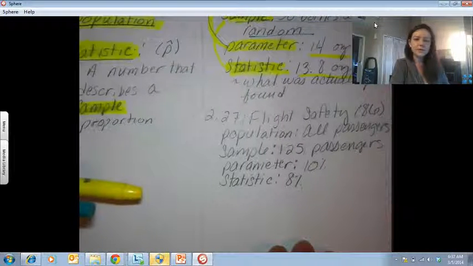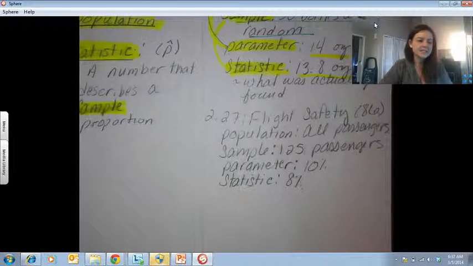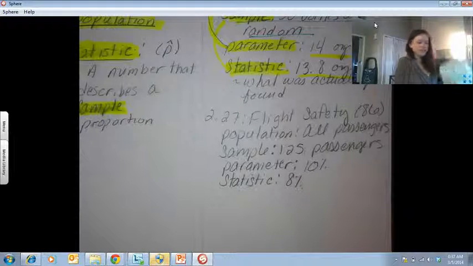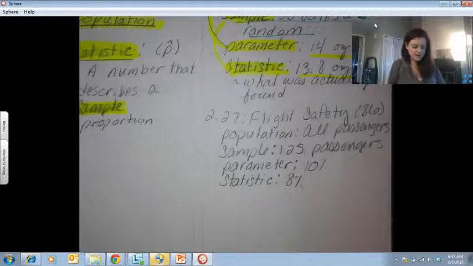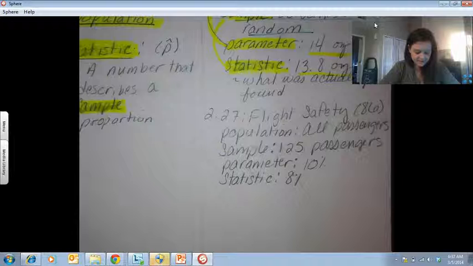example here, the one right below it, 2.27, flight safety. I'll read it for you. On a New York to Denver flight, 8% of the 125 passengers were selected for random security screening prior to boarding. According to the Transportation Security Administration, 10% of airline passengers are chosen at random for screening.